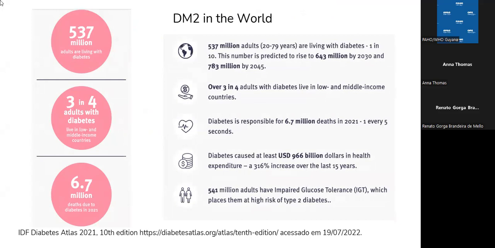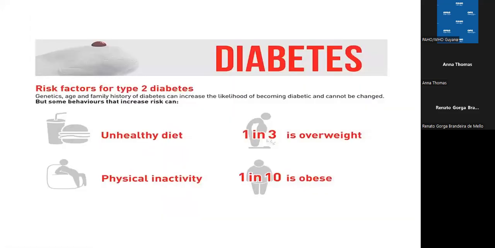It is estimated that 537 million adults are living with diabetes in the world. 3 in 4 adults with diabetes live in low and middle income countries. 6.7 million deaths due to diabetes in 2021. These are very impressive numbers.